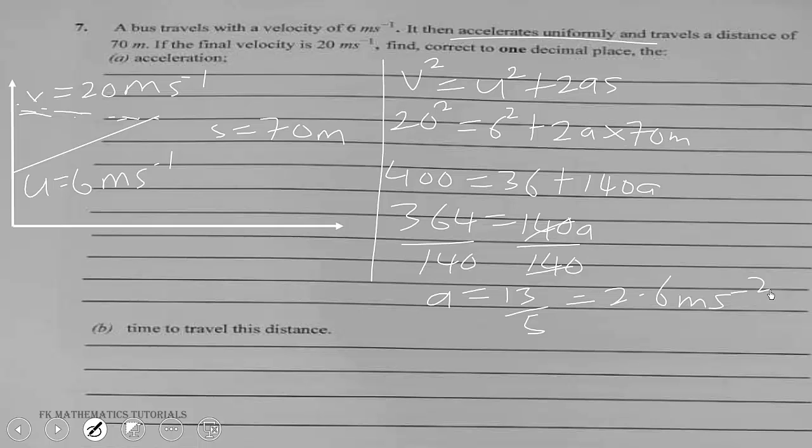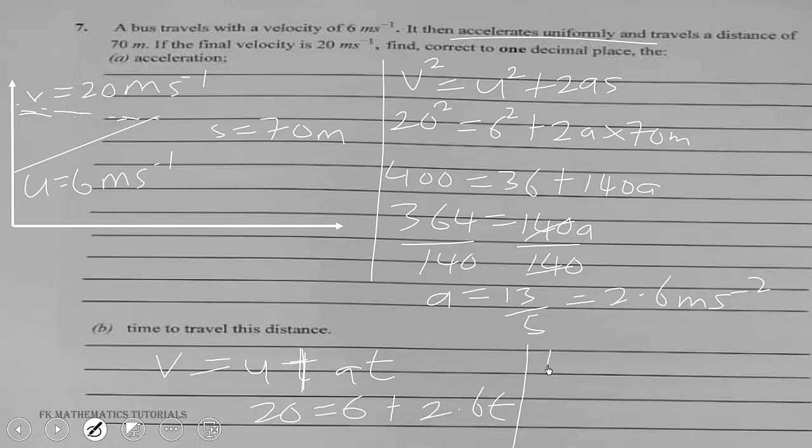Now we have to determine the time needed to travel this distance. So we use the relation v equals u plus at. So v is 20, u is 6, a is 2.6, and the time is what we don't know; we are determining it.